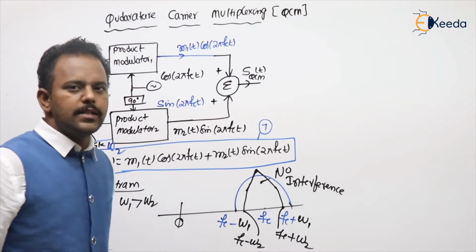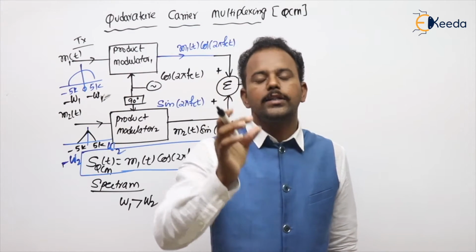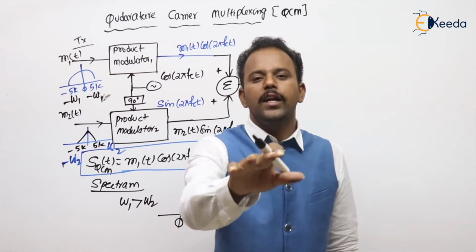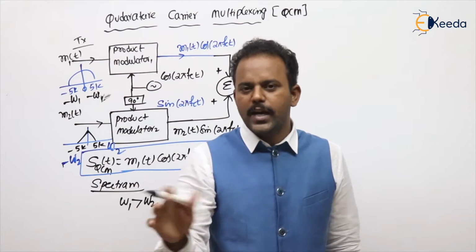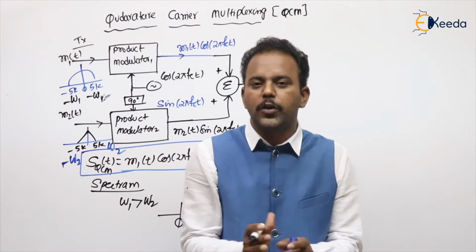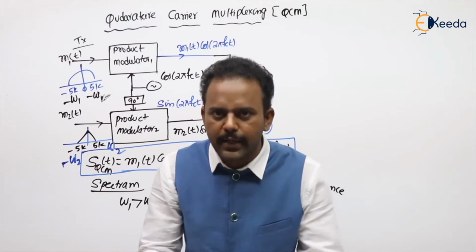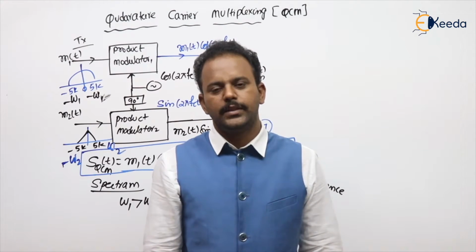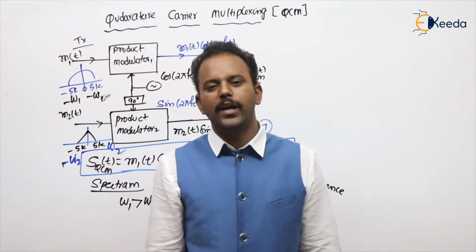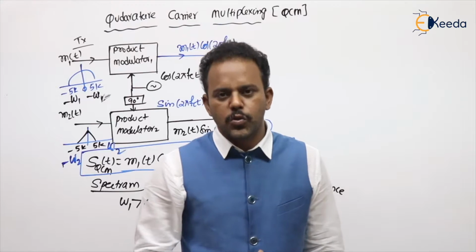Why no interference, sir? Because the carriers are in quadrature phase. Suppose if interference were there on the output side, you could not separate M1 of t and M2 of t. But in the receiver I will show you both can be separated. So that's why there is no interference between those two messages.